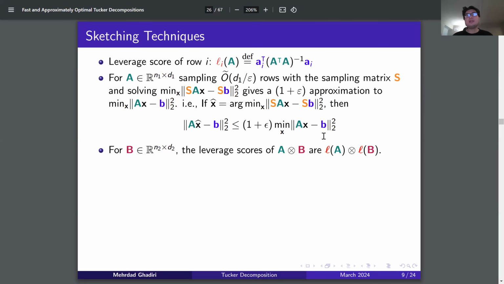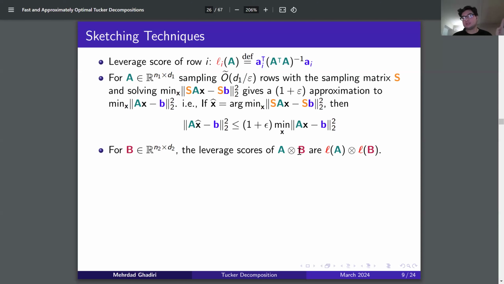So what is the good thing about Kronecker products? The leverage scores are very nice. They deal with Kronecker products in a very nice way. So how do they behave under Kronecker product? The leverage scores of A Kronecker product B are just the leverage scores of A Kronecker product the leverage scores of B. So if you want to compute the leverage scores of A Kronecker product B, figure out the leverage score of the corresponding row in A and the leverage score of the corresponding row in B and multiply them together.